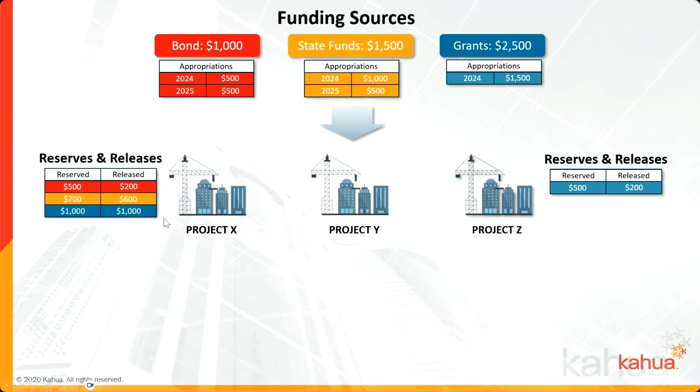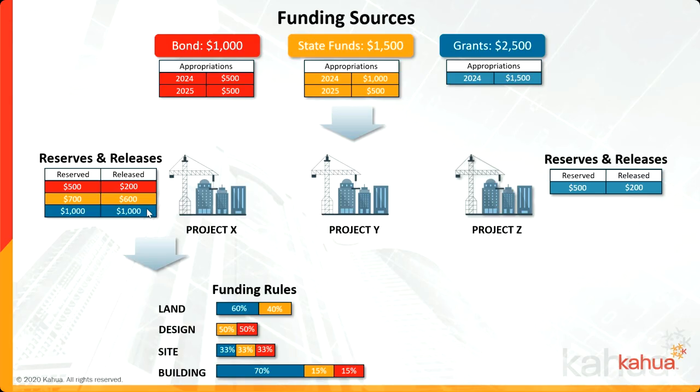I have the ability to fund projects from multiple fund sources and be able to track how those have been funded across those fund sources. I can reserve dollars to them, and then eventually, as the funds are available to me, I can release them to the project, which will allow my project managers to budget and commit those dollars on a project.